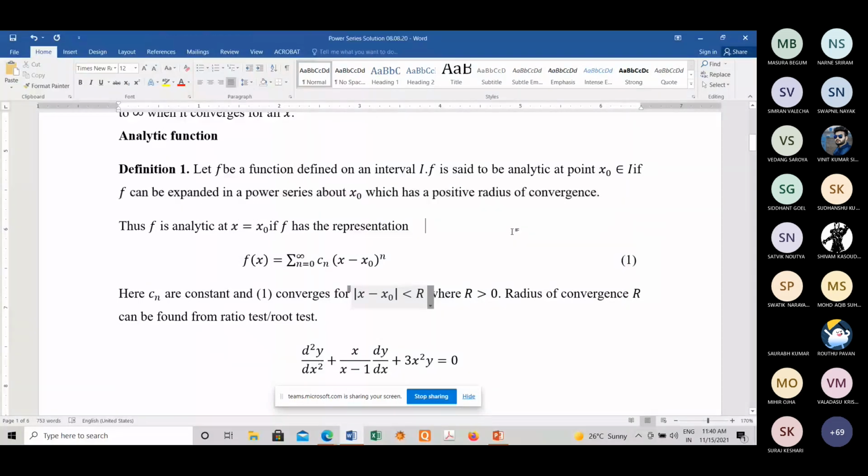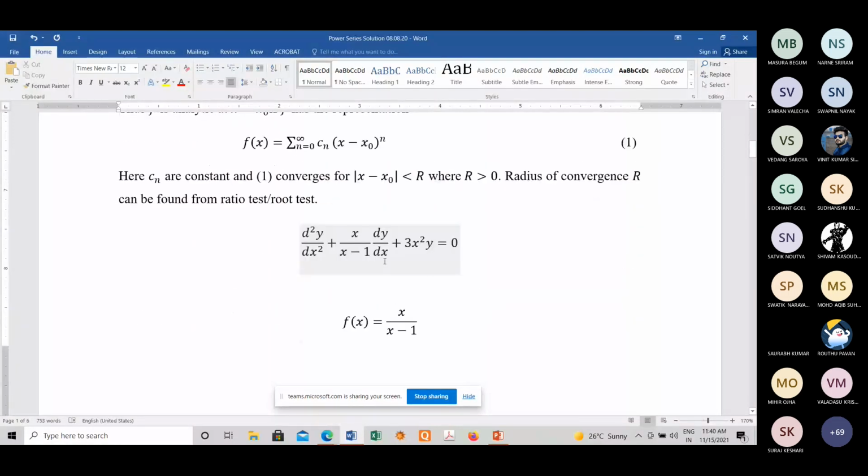So the expansion in a power series is the confirmation of the analyticity of the function. So you have a question in your mind that it is quite a difficult task to check whether the function is analytic or not. And the important thing is we are concerned about the series solution. So there is a trick to check whether the function is analytic or not.